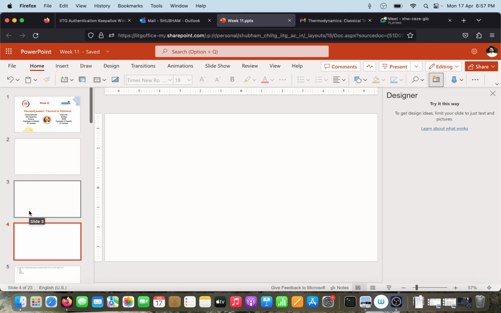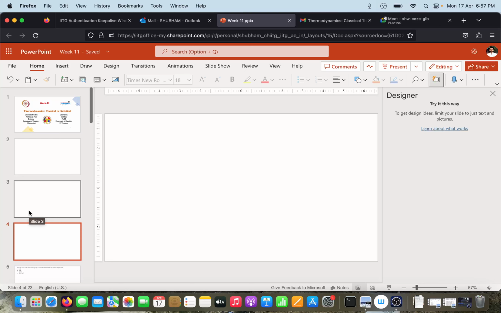So molar Cp is given. If Cpm is given, then for n number of moles, delta H is equal to n Cpm delta T. This is Cp for n moles, and this is for 1 mole.